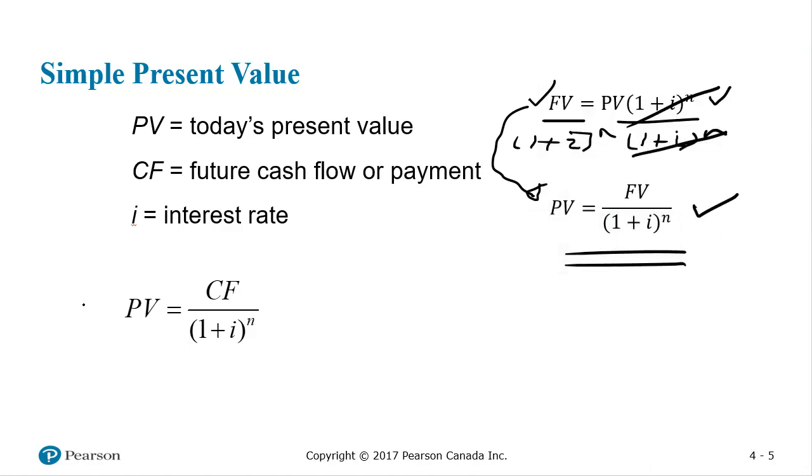Okay? So what they're doing here is they're not showing just future value. They're showing it also as a cash flow. So the present value equals the cash flow divided by 1 plus I to the n. But cash flow is the same thing as the future value. Okay, so that's just a little bit of fairly easy algebra, and fairly easy to do with the financial calculator as well.